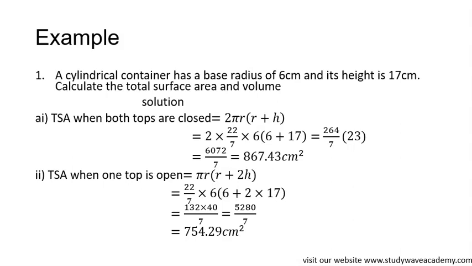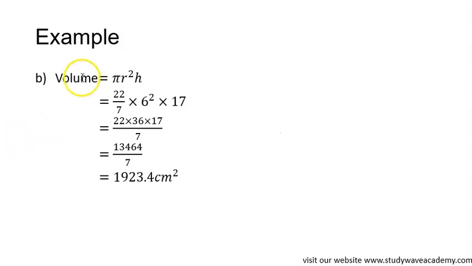We're going to be looking at another page because it won't be able to enter here. So to calculate the volume, remember the volume formula, pi r squared h. We input our numbers into the formula. Pi is 22 over 7, and r is the radius, which is 6, so times 6 raised to power 2 times the height, which is 17.